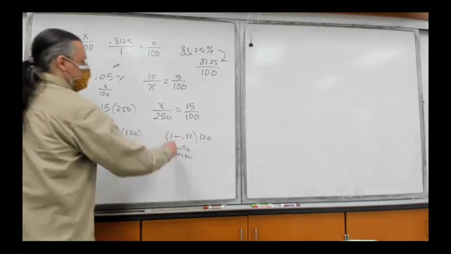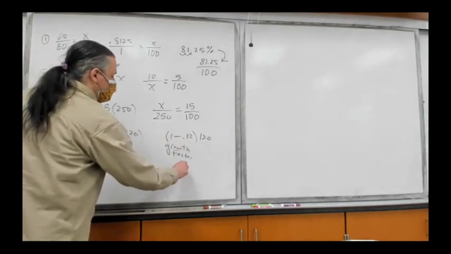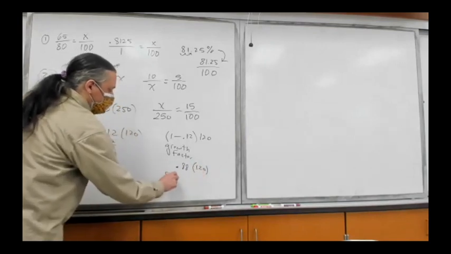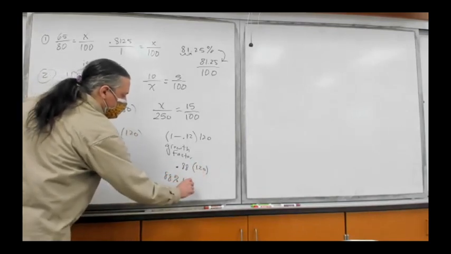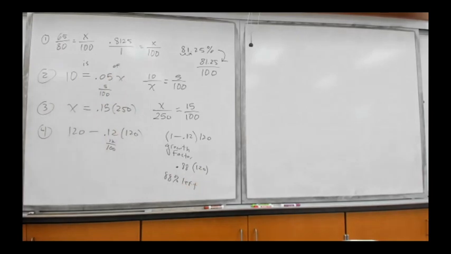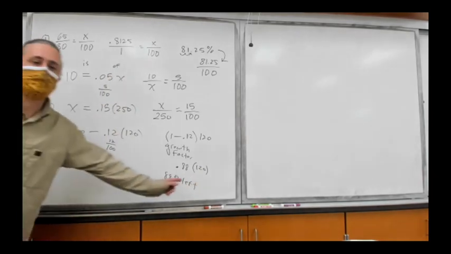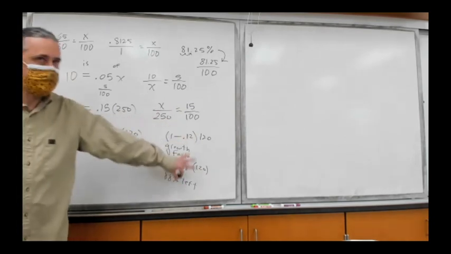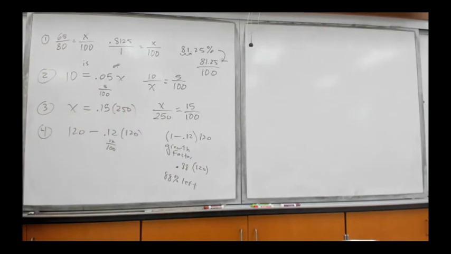When we do the subtraction, we're going to get 0.88. And that means we've got 88% left. So we only have to pay 88% of the $120. That's another way to think about it. These are all related. It depends upon where you're at. You may prefer this method.